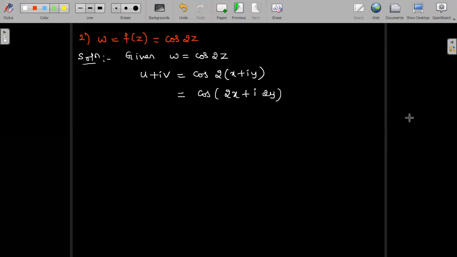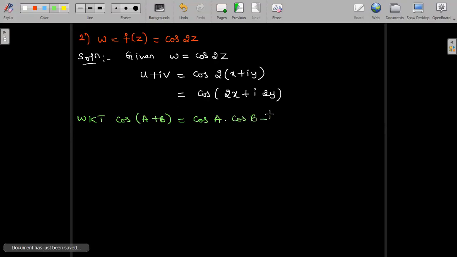We will recall the formula: cos of (a plus b) is equal to cos a cos b minus sin a sin b. Recalling this formula and applying it for 2x plus i into 2y.